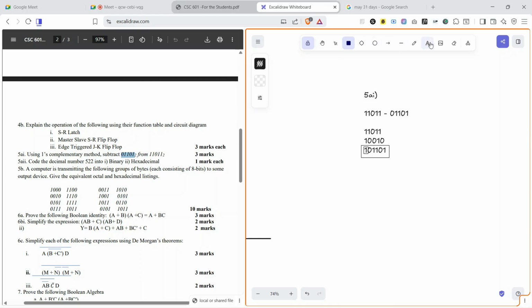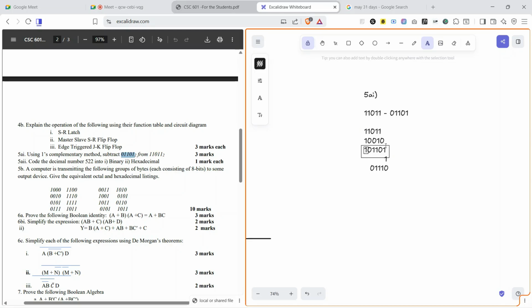So if I add 1 to this, this will give me 0, 1, 0, 1, and then 1, 1, 0.